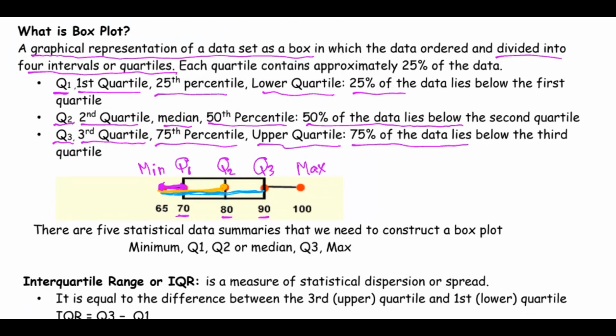So 5 important statistical data summary values to construct a box plot: the minimum, the first quartile, the second quartile or the median, the third quartile, and the maximum. The minimum in this box plot is 65, and the maximum is 100. This graph is also called box and whiskers.